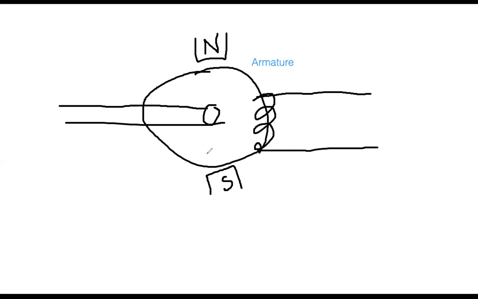This is the shaft for the armature, and that shaft is moving at a certain speed with the help of the prime mover. Now, we are discussing the DC generator. In the case of a DC generator, the armature rotates, but the field remains static.